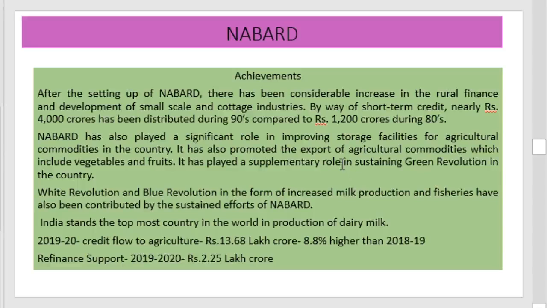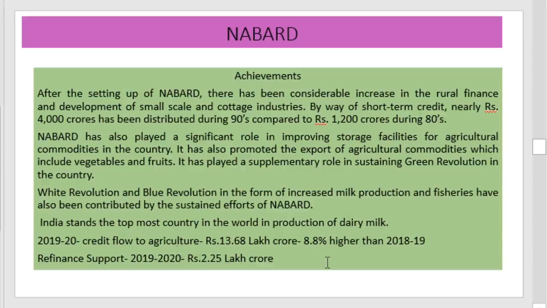It promotes the export of agricultural commodities, especially vegetables and fruits, and it played an important role in the green revolution, white revolution, and blue revolution in the form of increased milk production, fisheries production, etc. It also contributed to the development of the dairy sector.